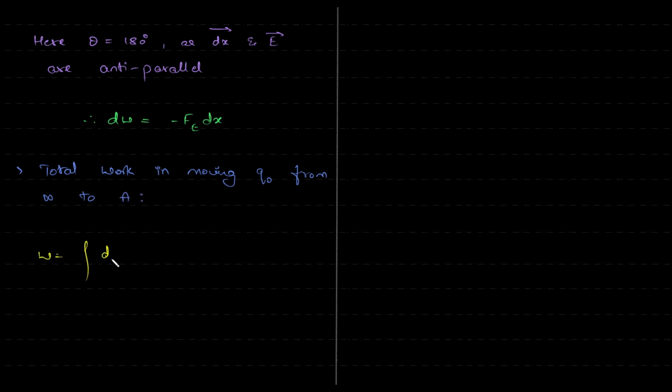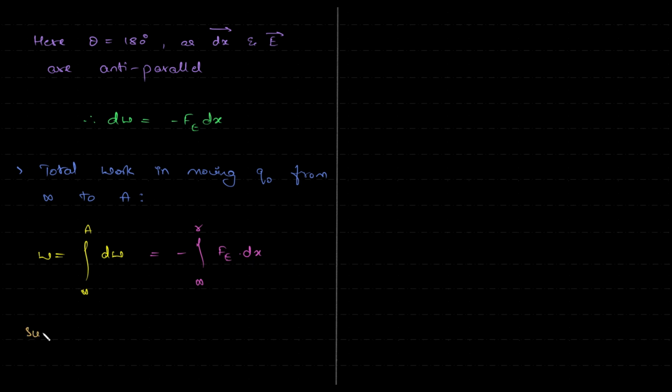We need to add all the work by moving from infinity to point A. And this is nothing but minus of integral from infinity to distance R of the field times dx. Agree? So I hope you guys understand why the limit values are changing, because we are trying to express in terms of length, distance away, dx, is it not?